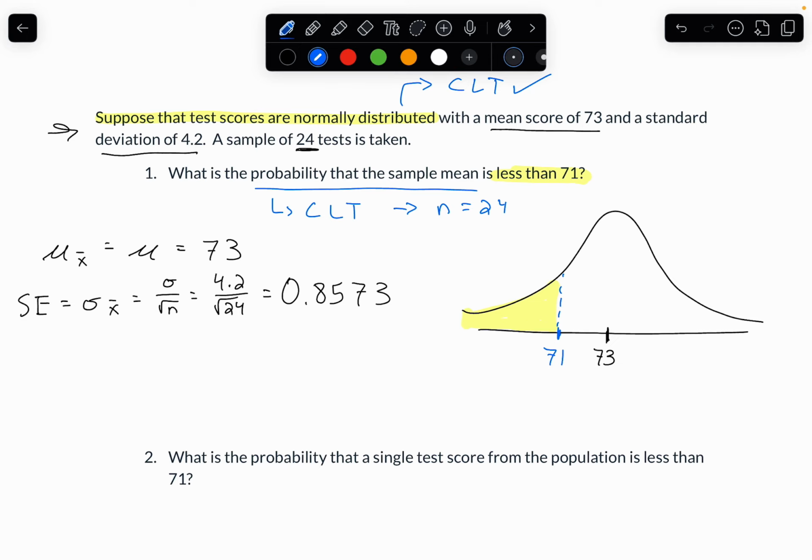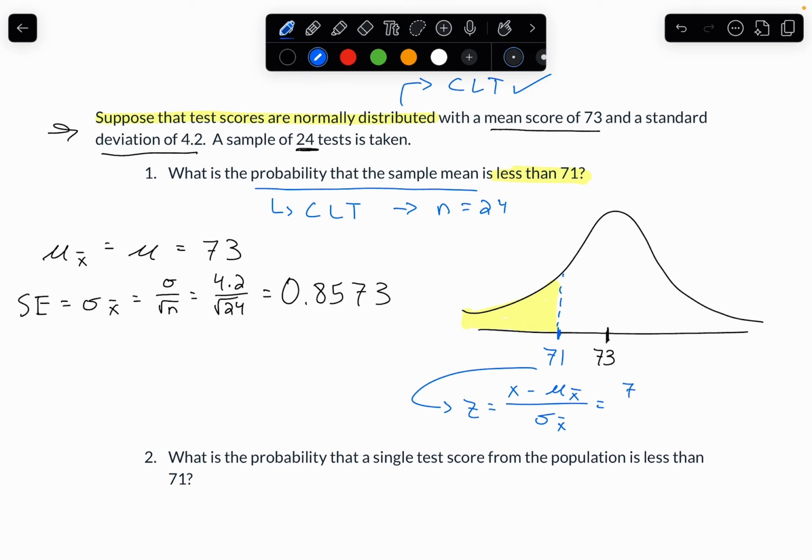So the first thing I need to do is find the z-score corresponding to 71. z is equal to x minus the mean of the sampling distribution, divided by the standard deviation of the sampling distribution.